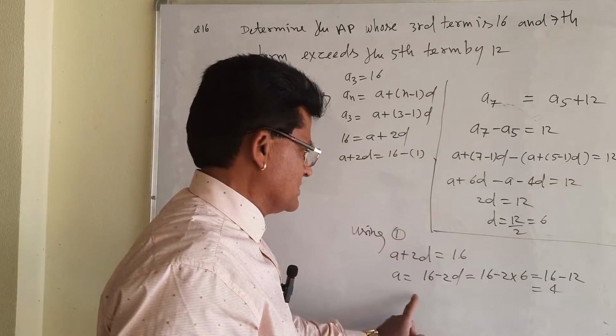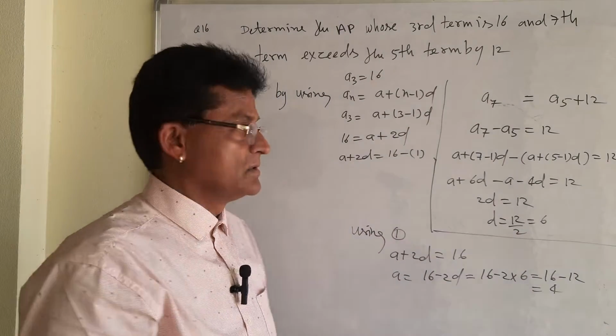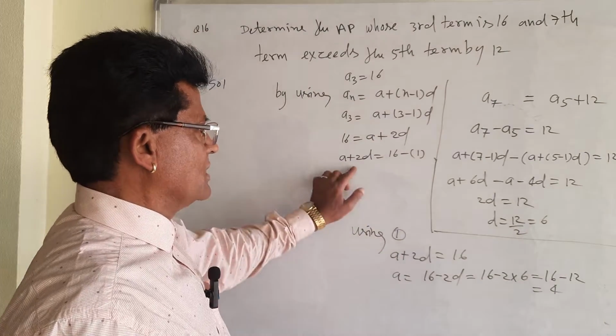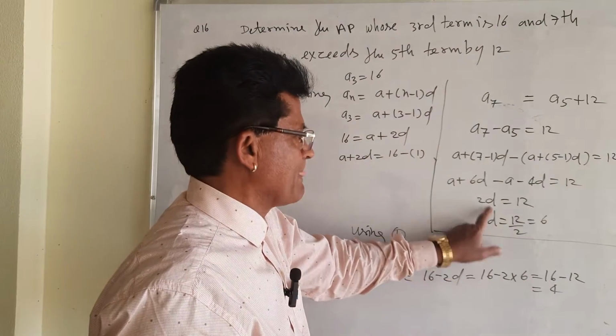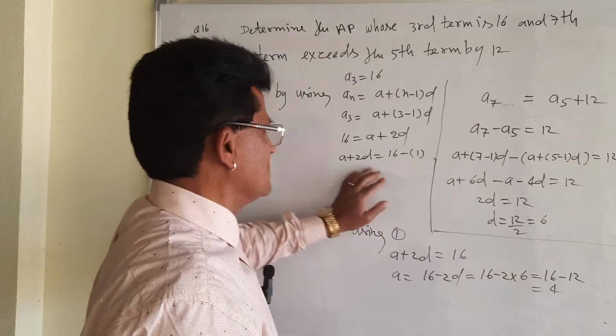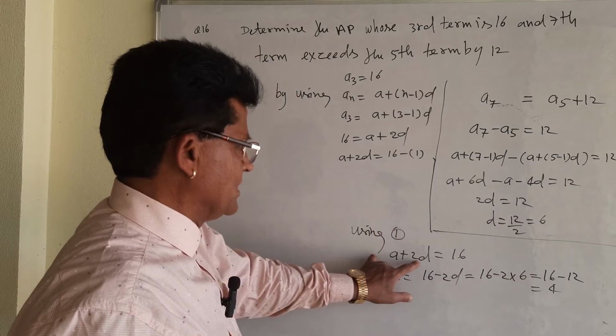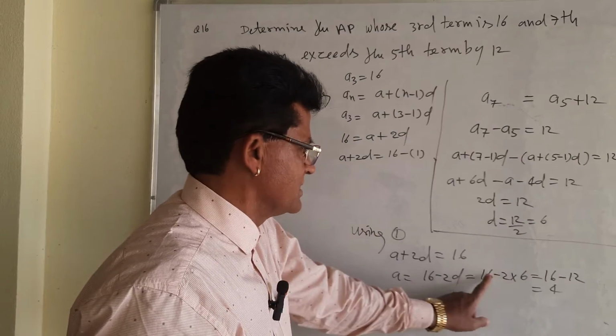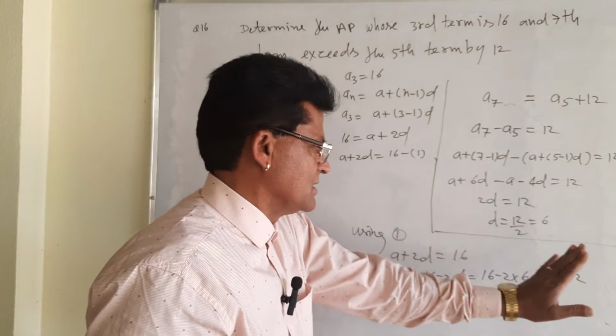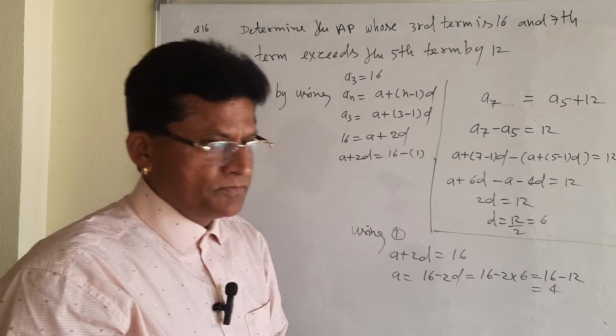D is 6 and A will be 4. See carefully: we have substituted the value of D, that is 6, in equation 1. In place of D, I have substituted 6, and 16 minus 12 is 4.